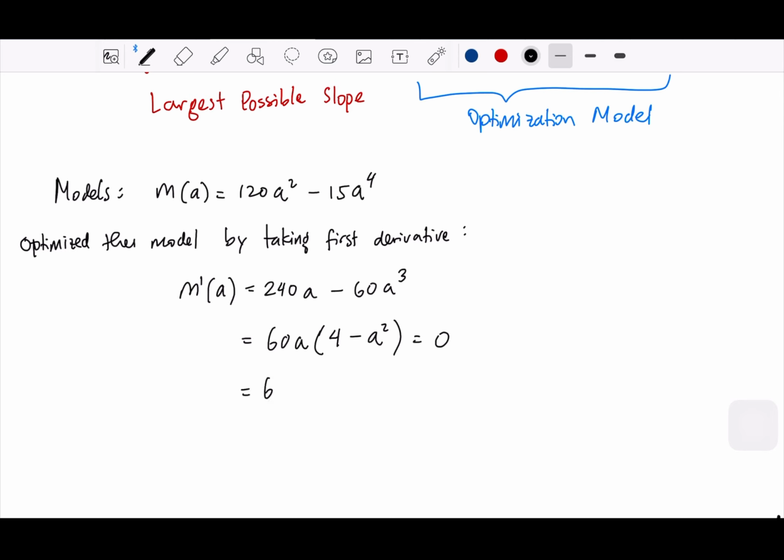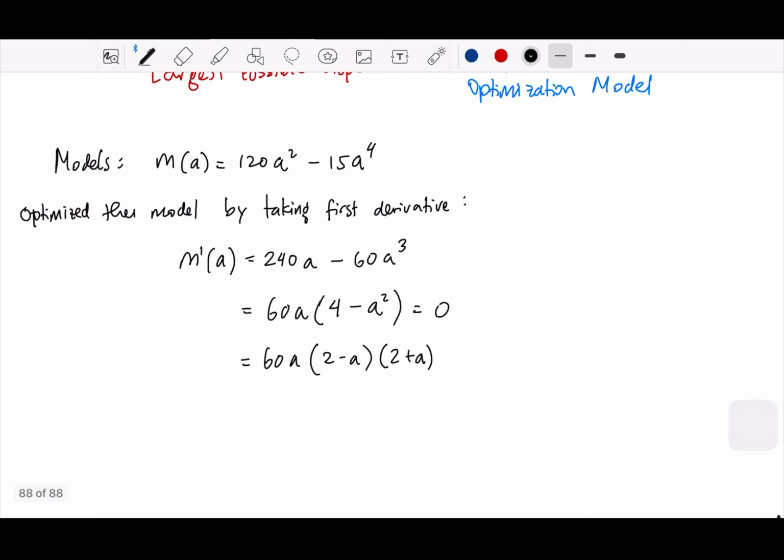We can factorize this first to get the 2 plus a like that. So we can check all the points just to make sure that we are getting our largest possible. So this is a equal 2, a equal -2, a equal 0.